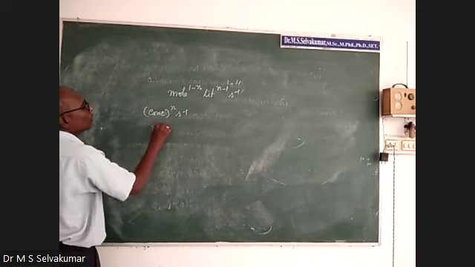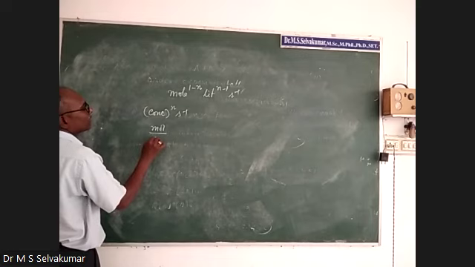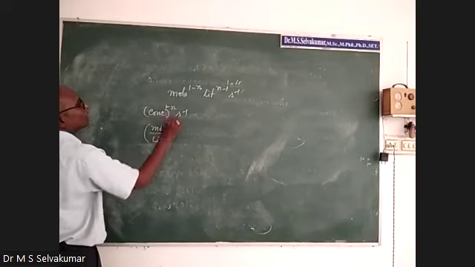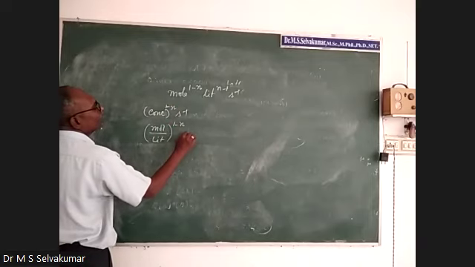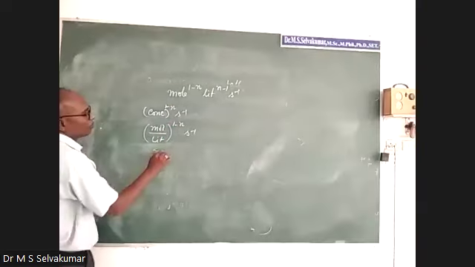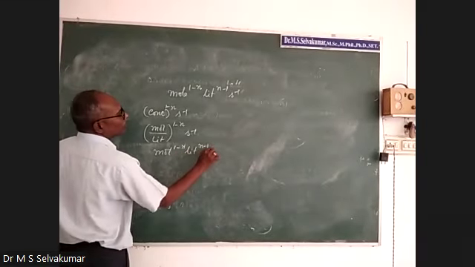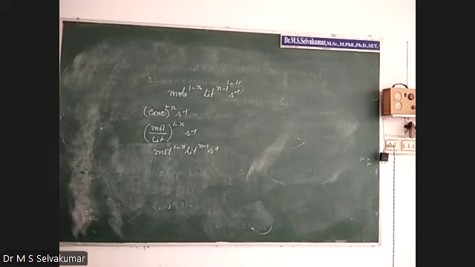Concentration is mole by liter, so it is mole by liter power 1 minus n per second. So it is mole power 1 minus n liter power n minus 1 per second. This is how it has come. So you can find out the unit for rate constant for anything.